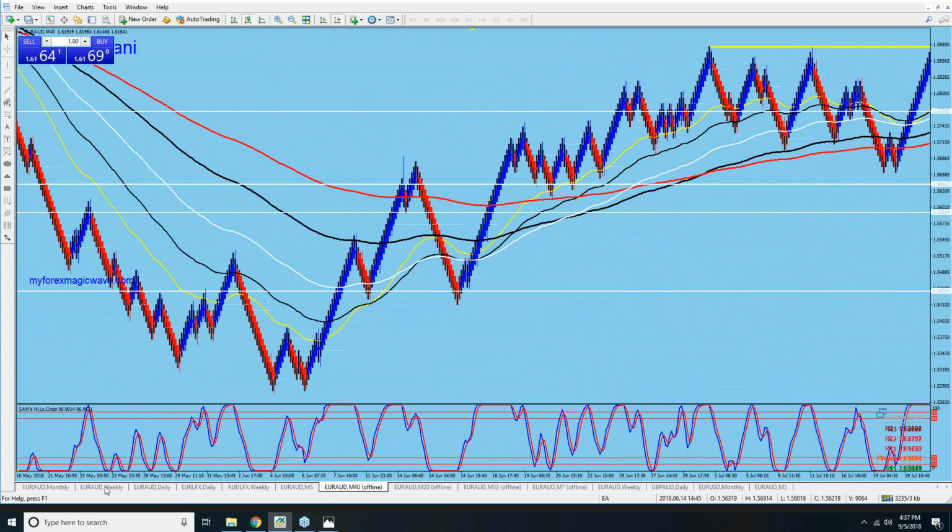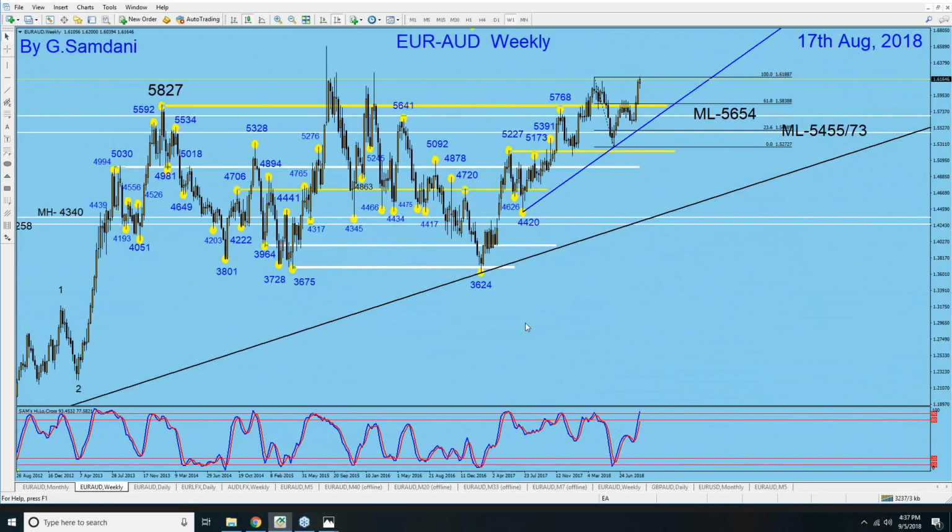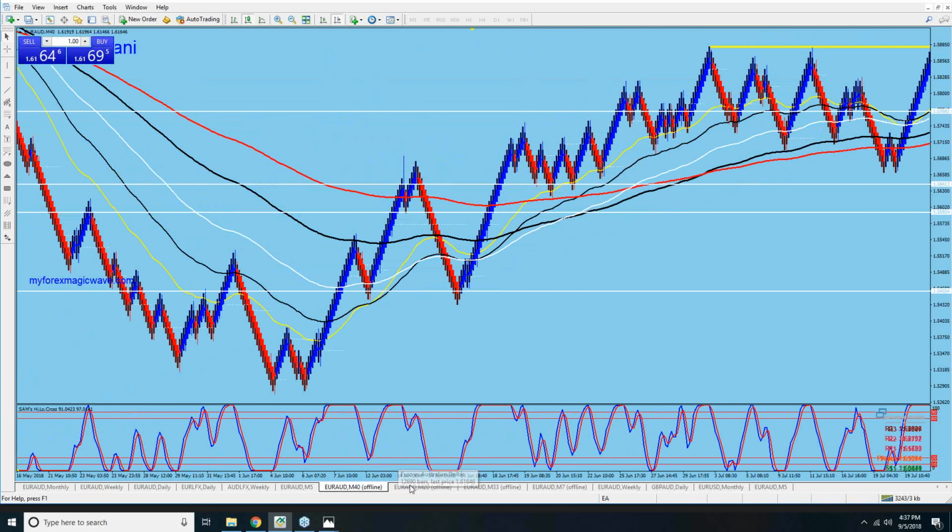So where is the 54, 55? You'll find it somewhere. 54. What was that, weekly? I think it is a weekly, right? 54 or a monthly. I don't have it written, that's the problem.